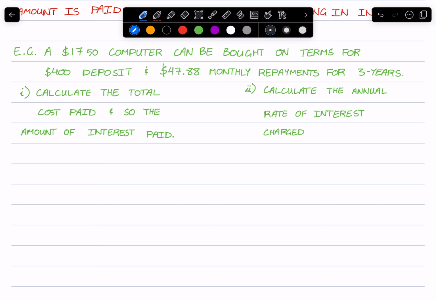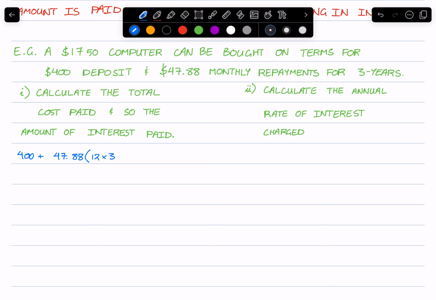Okay, so here we go. Firstly, it's rather straightforward. It's going to be $400 plus the monthly repayments, so $47.88. But this is going to be done monthly, so we're going to times this by 12, since there are 12 months for every year, and there are 3 years.